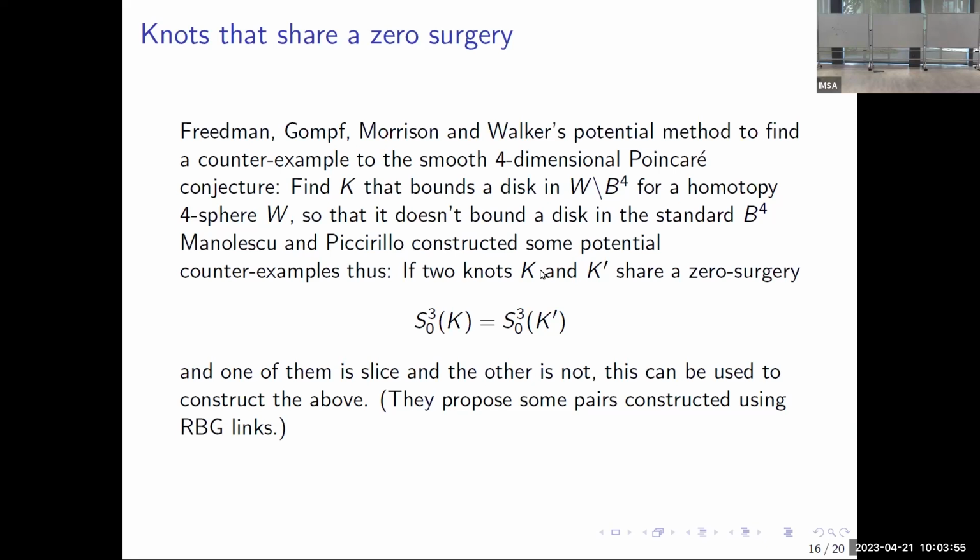But overall, their pairs tended to be very large, on both sides. So we were trying to see if we could, by brute force, construct pairs that shared a zero surgery.